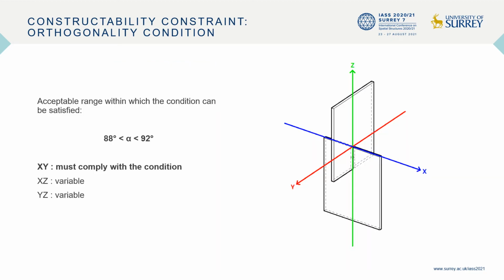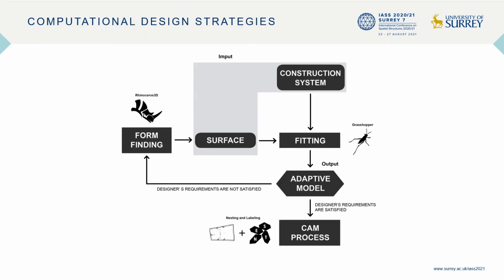For this reason, the orthogonality condition between the normals of each pair of panels was essential for the correct functioning of the system, identifying through experimentation with 1 to 2 scale elements an acceptable range within which the condition can be satisfied, between 80 degrees and 92 degrees. In detail, only the XY angle must comply with this condition. The XZ and YZ angles can vary, allowing the correct fitting of the elements to the surface.